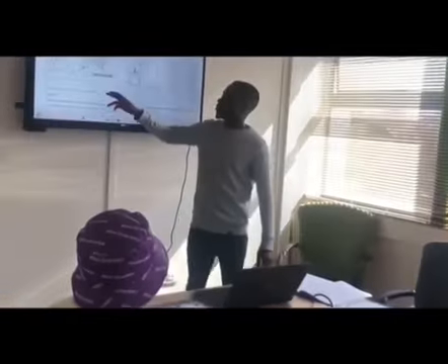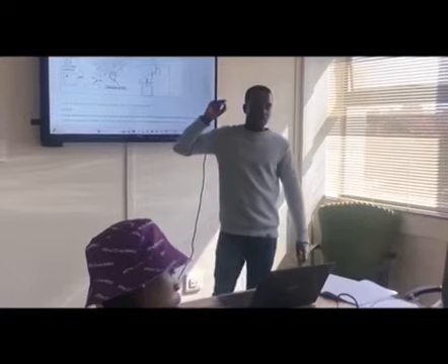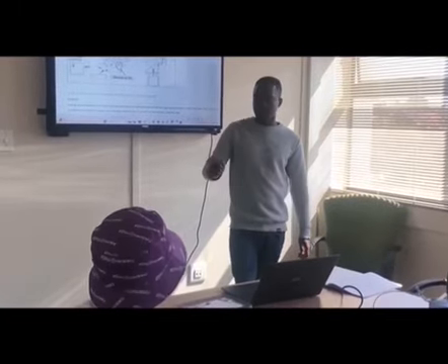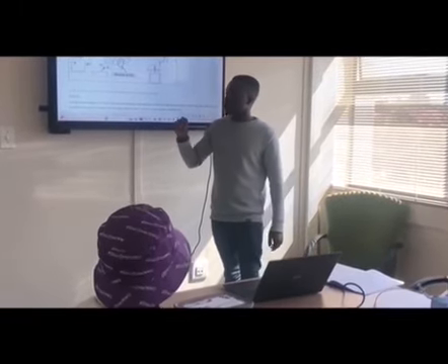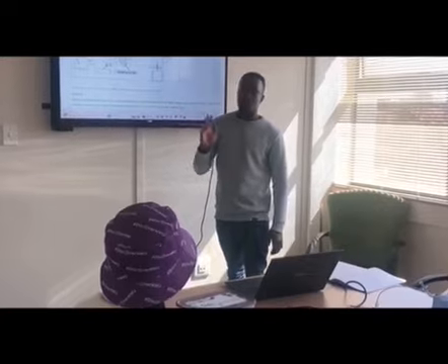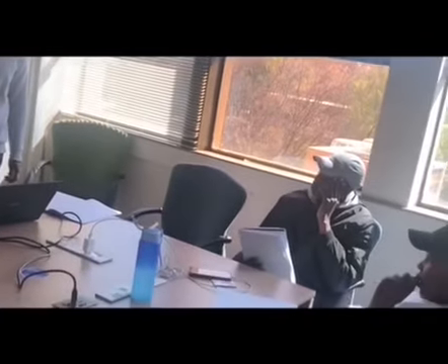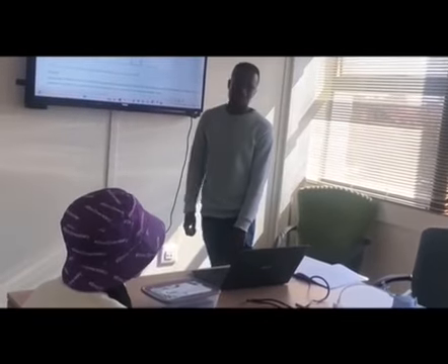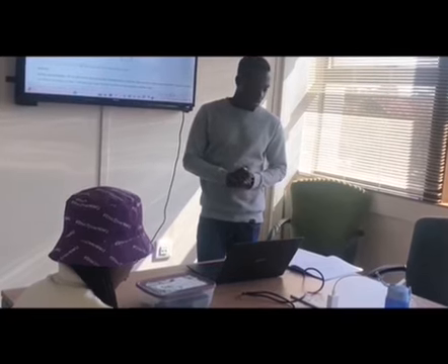And also you have to know that the high pressure cells are associated with clear skies and stable conditions, right? And they are also known as anti-cyclones. So that's the end of our lesson. Thank you. Have a beautiful day.